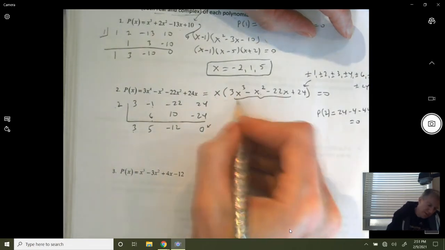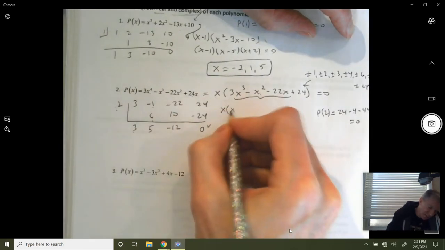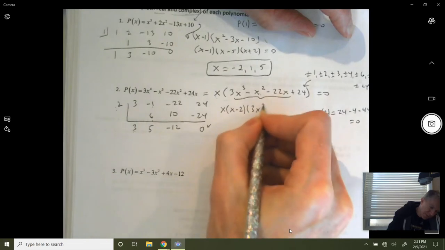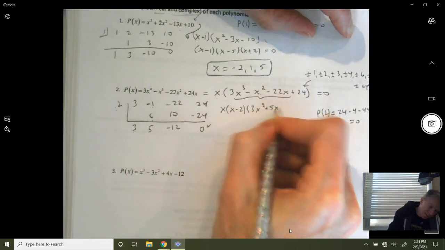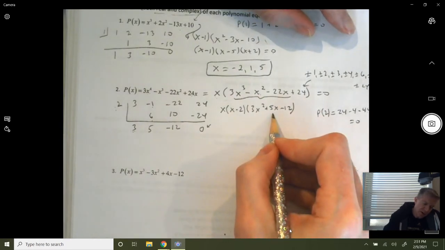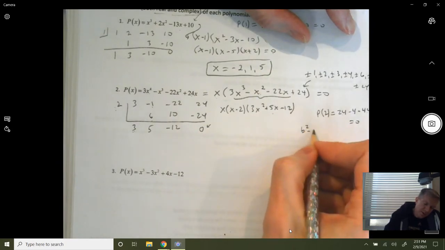So right now I can factor further. Now this is x times x minus 2 times 3x squared plus 5x minus 12. And do we think that factors further? I don't know. Let's check. What's the discriminant? If the discriminant's a perfect square, then it factors.